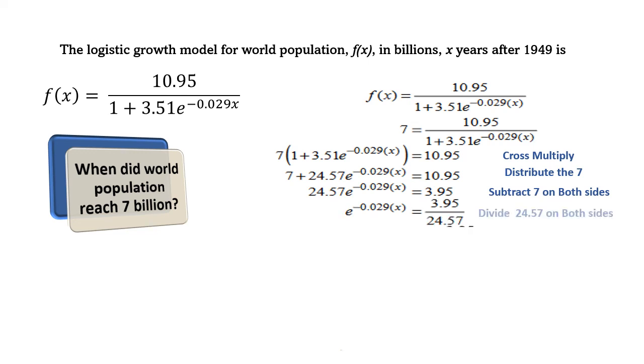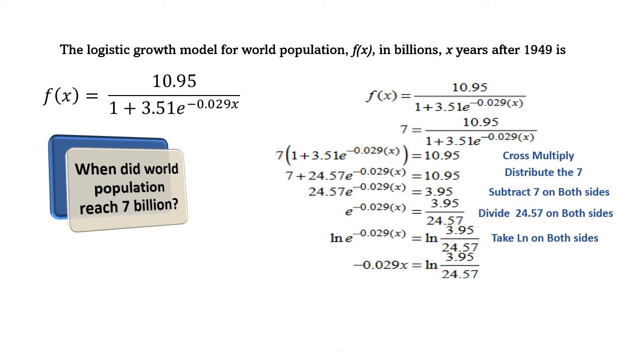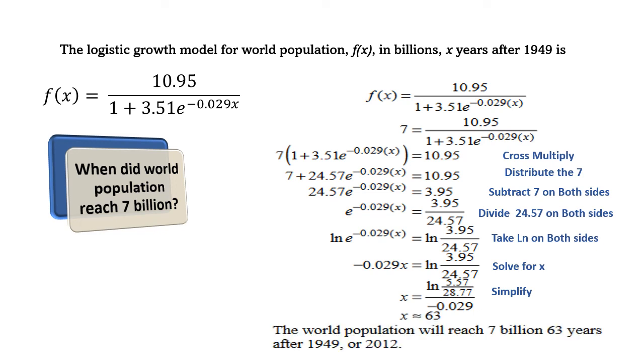Then we're going to divide by 24.57 on both sides. And then we're going to take the natural log on both sides. Now we can solve for x. Therefore, the world population will reach 7 billion 63 years after 1949, or that's going to be 2011.